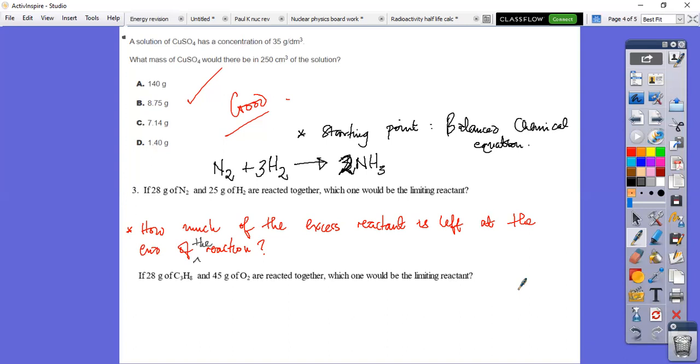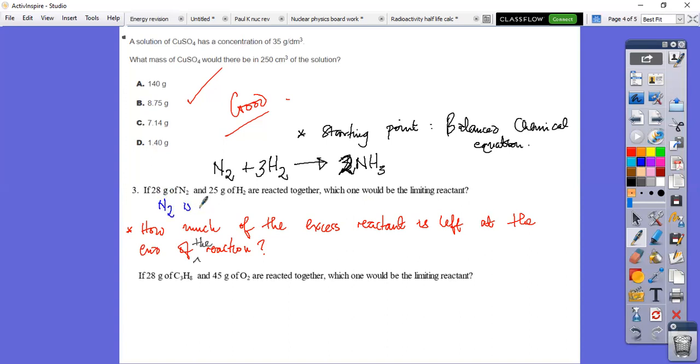Would the nitrogen be the limiting reactant?